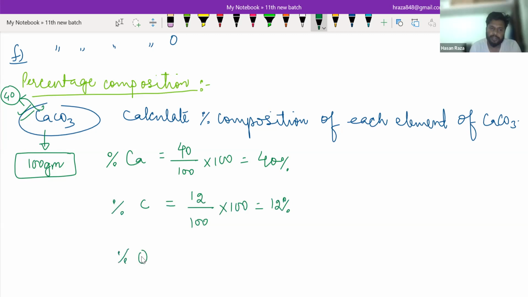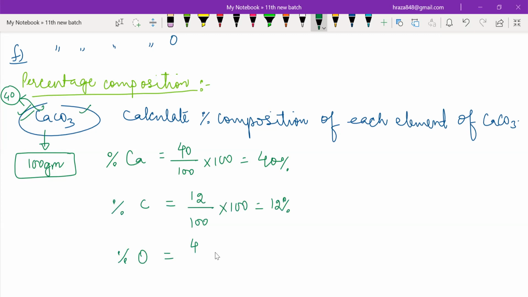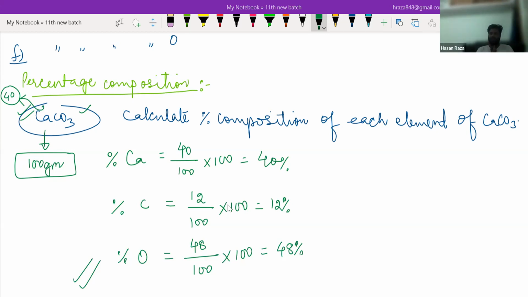Again, percentage composition of oxygen. Oxygen present here is 3 into 16, that is 48. That is 48 upon 100 into 100. So it is 48%. Here is how we are going to calculate percentage composition of different elements in a compound. So it is very easy.